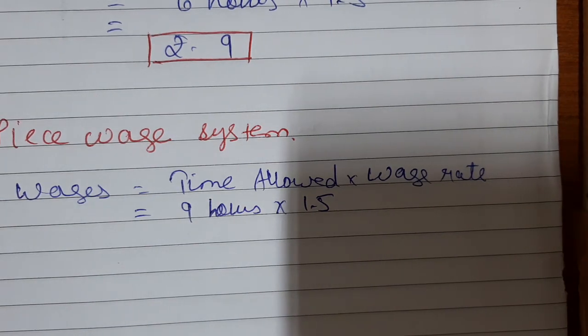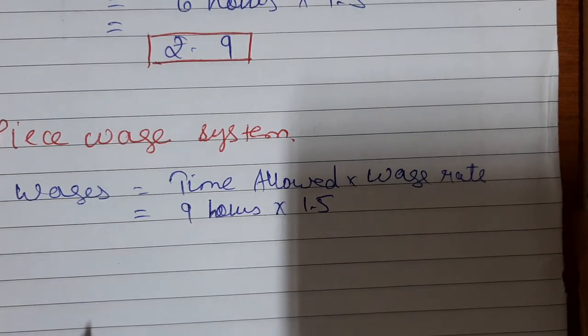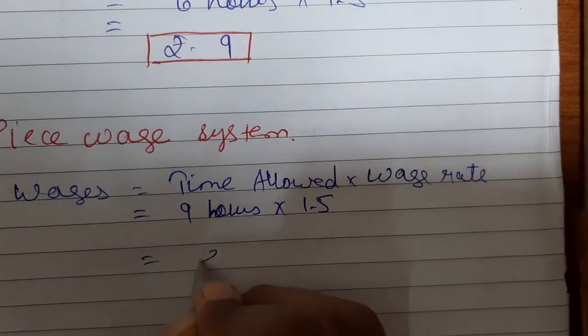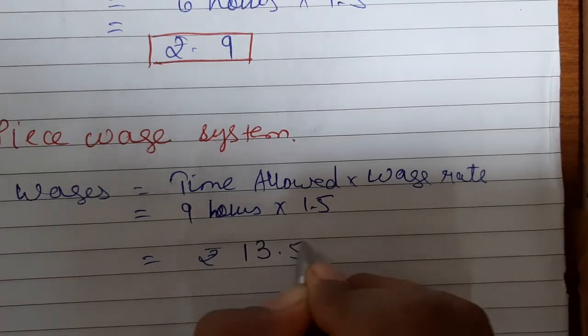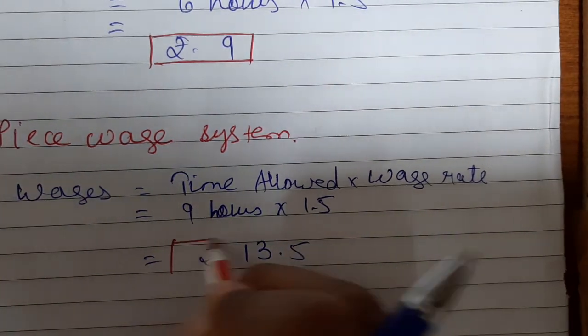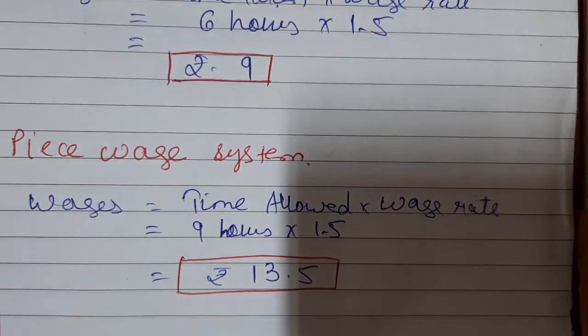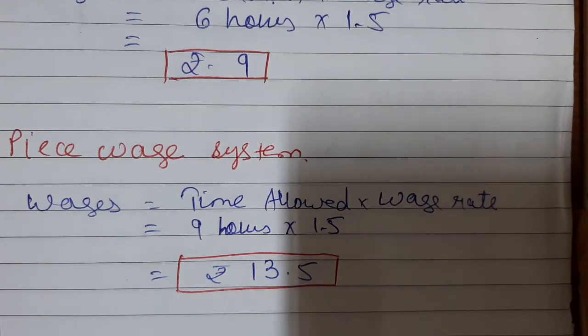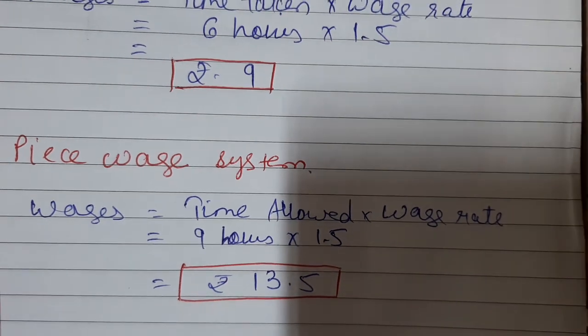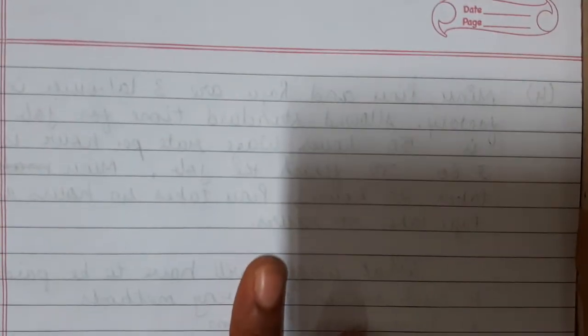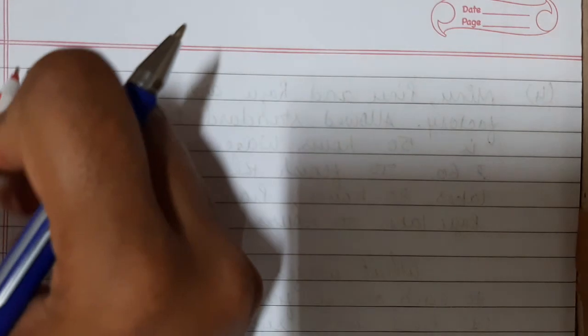So 9 into 1.5, the amount would be 13.5. So if the worker is paid wages as per piece wage system, the wages would be 13.5 rupees. These both are the calculation of time wage system as well as piece wage system. Moving further with the third plan, that is Halsey plan.